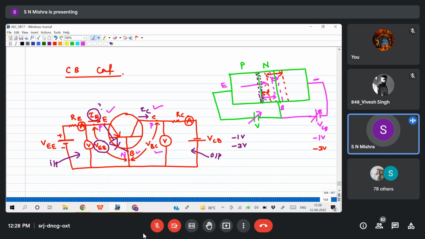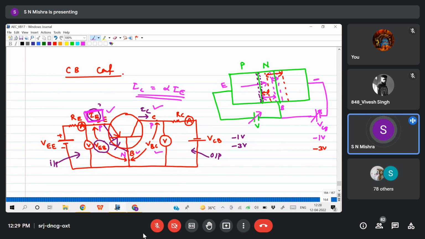If I change the output voltage, what is the effect on output current? You have to observe this when the input is fixed. The input current must be fixed, because if I increase or decrease the input current, then obviously IC will change, because IC equals alpha IE.